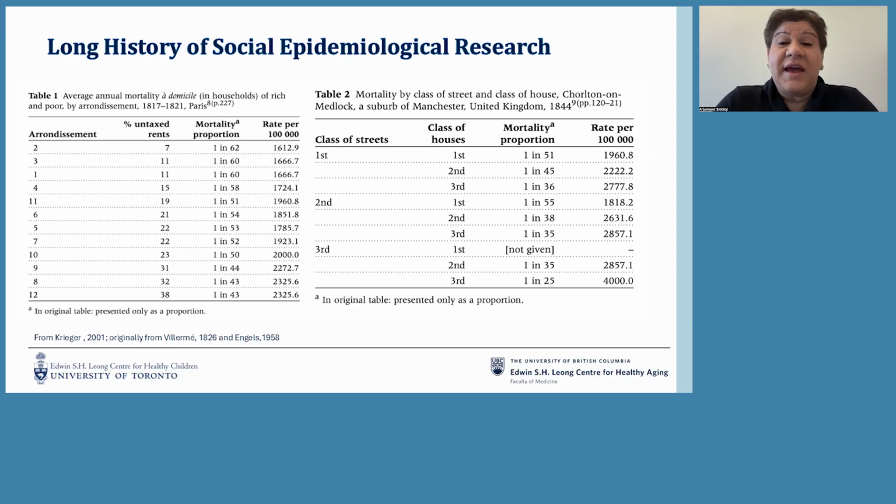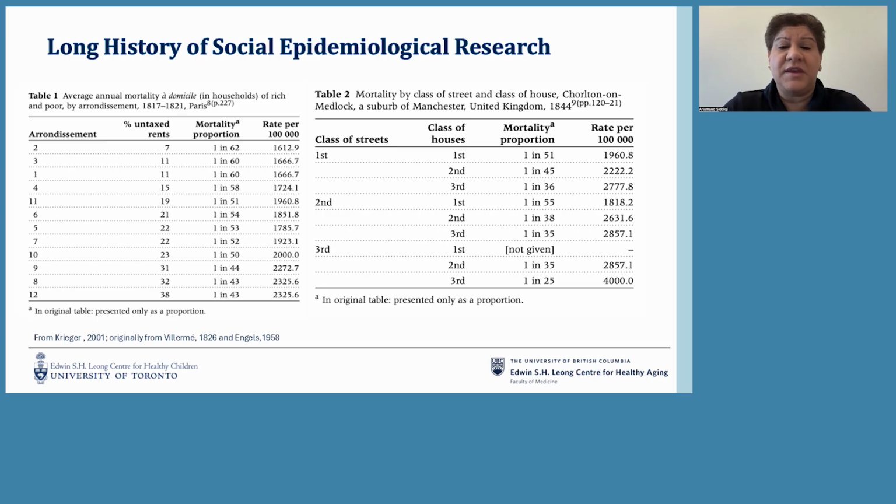The work actually has a very long history. So in this slide, you see two examples of work that was conducted in the 1800s. On the left is a study that was conducted by Villermé, and that study involved looking at mortality rates and their differences by neighborhoods.